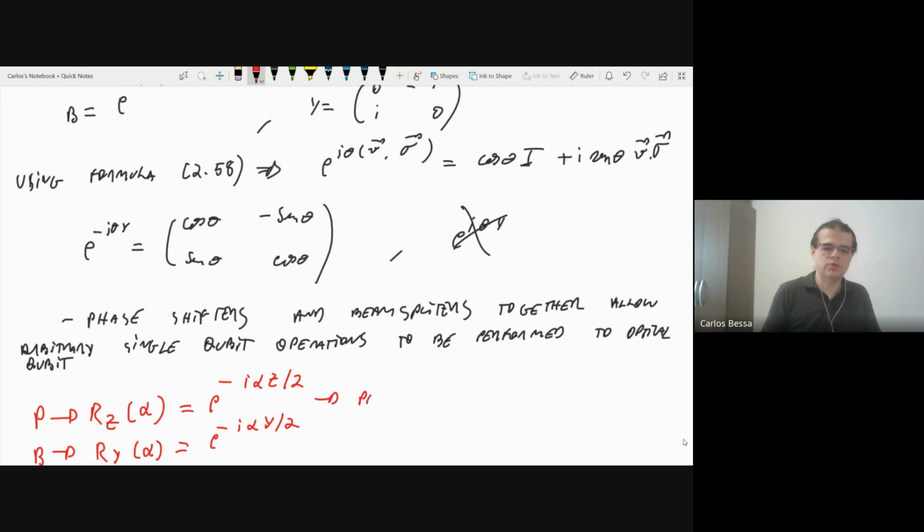So let's say the phase shifter performs an RZ rotation, and the beam splitter performs an RY rotation.